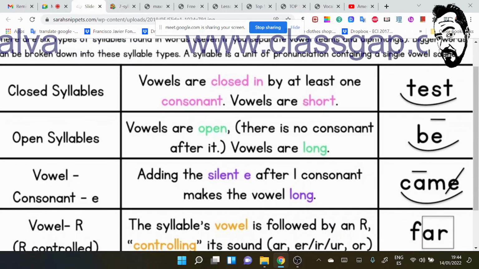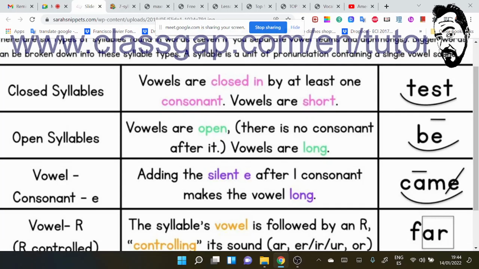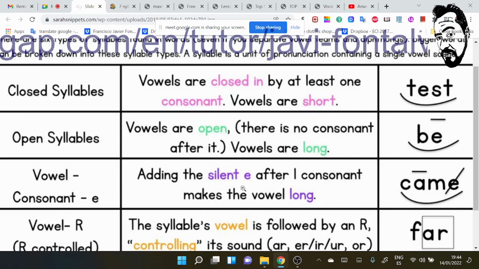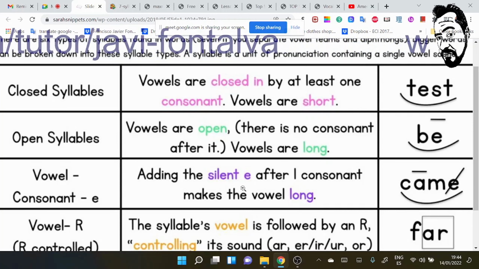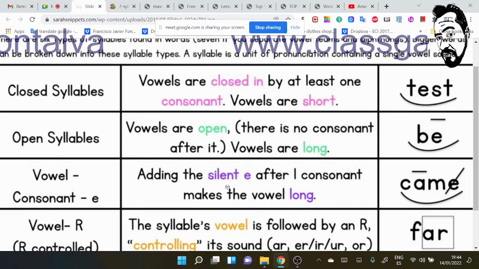Now, some other syllable has what we call magic E or silent E. Remember, this E is silent, so it doesn't count. Okay?